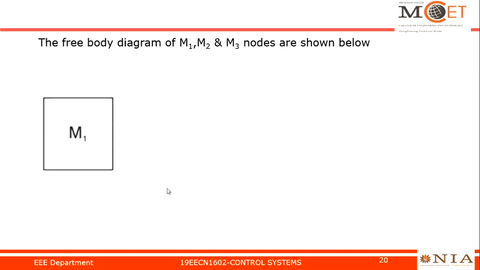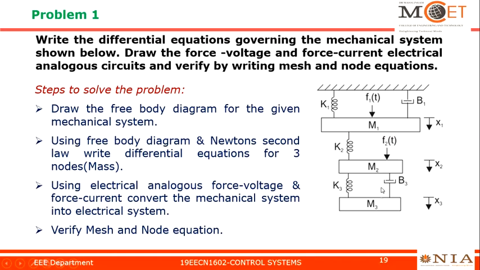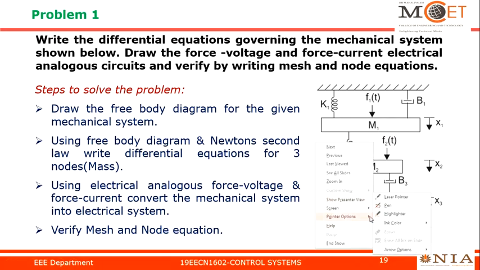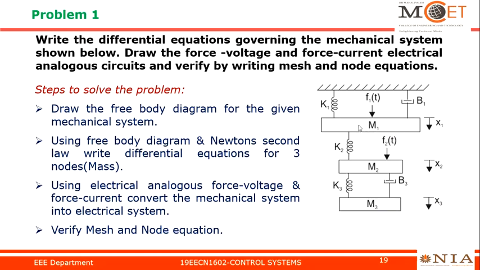Yes, the first free body diagram. M1, M2, M3, totally three different masses are there. So in my system I will have three nodes. First node will have the elements K1, B1, and K2.